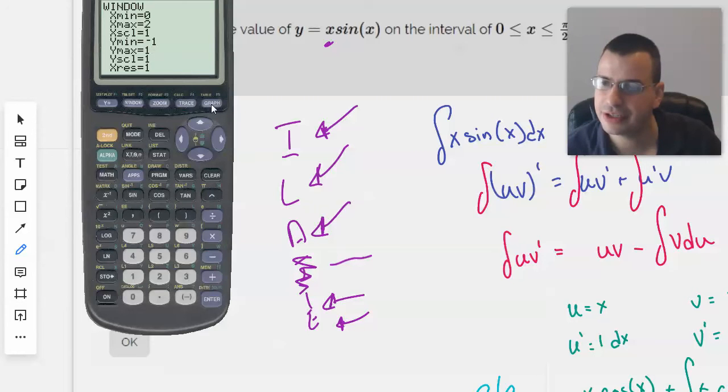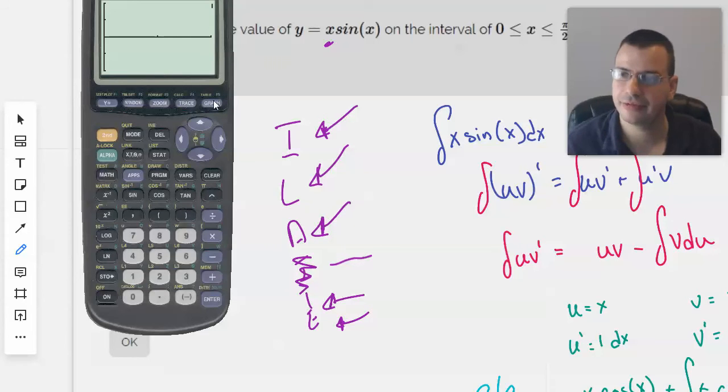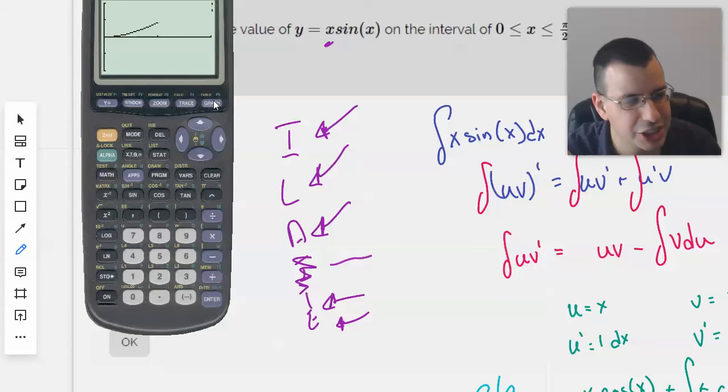And then we'll graph it. Should go up. Yeah. We're going to go from negative 2 to 2. Good call. Graph.